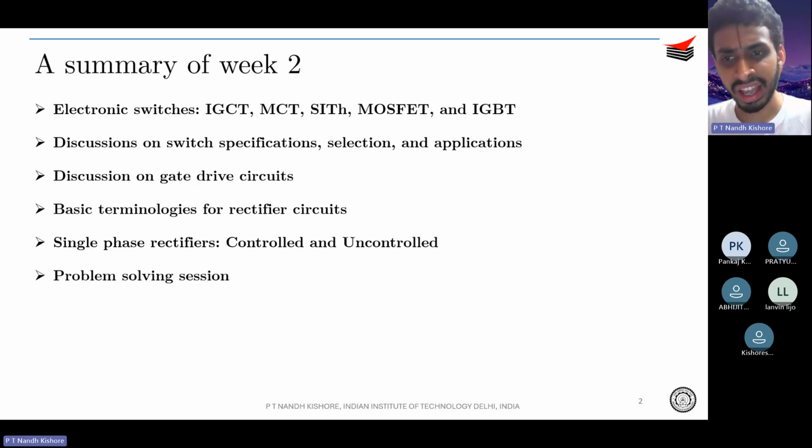In the starting, I have a lot of theoretical problems. I think we can speed up and cover those problems faster, and then we can devote more time for the numerical problems as well. Okay. So without further ado, we will go ahead.